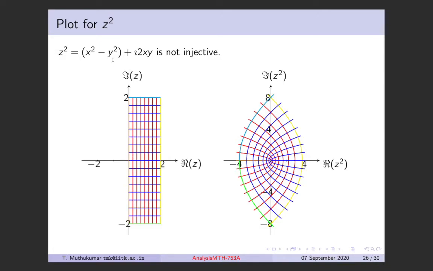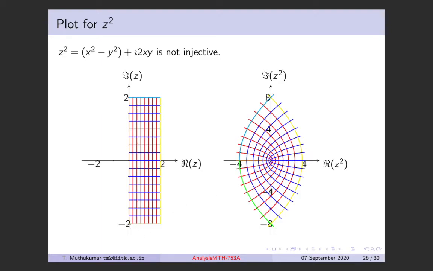So for negative and positive y, the real part doesn't change, what changes is only the imaginary part. So the lines with negative y's come from below here and join the parabola here, and the lines above come from the top and join at this point here.